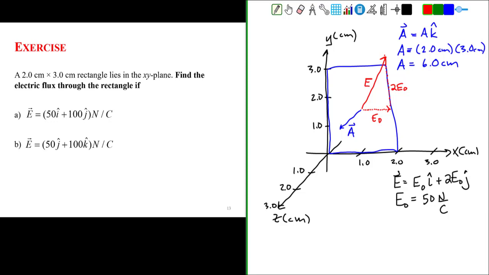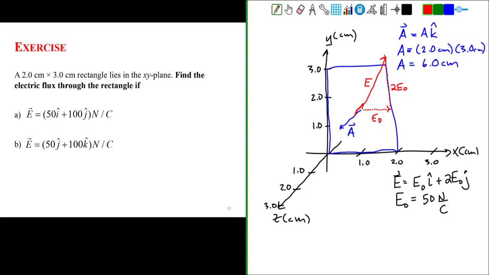Since the electric field is in the xy plane, and since the area vector is perpendicular to the xy plane, that means the area vector is also perpendicular to the electric field. Because the electric field vector is in the xy plane, it does not cross the plane.